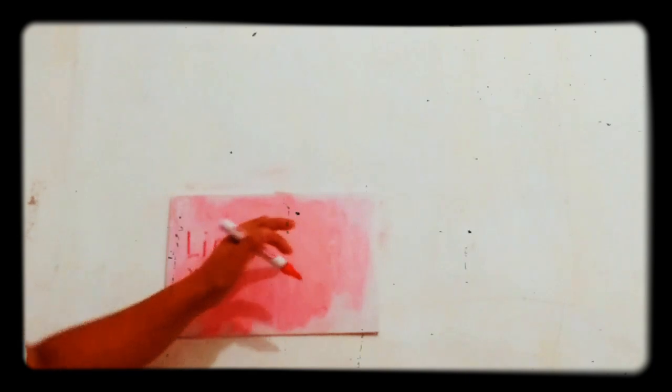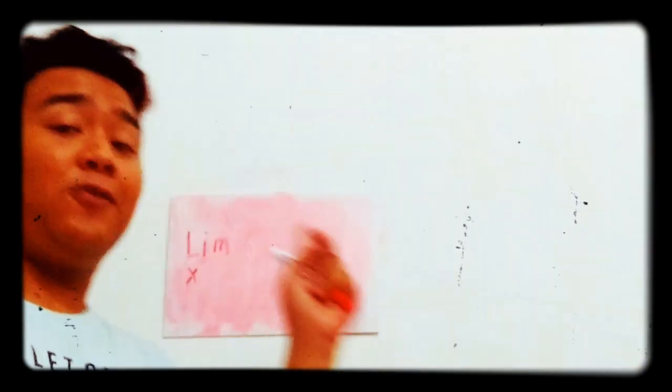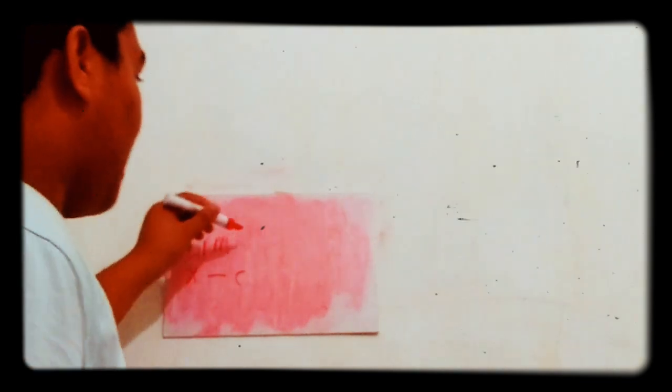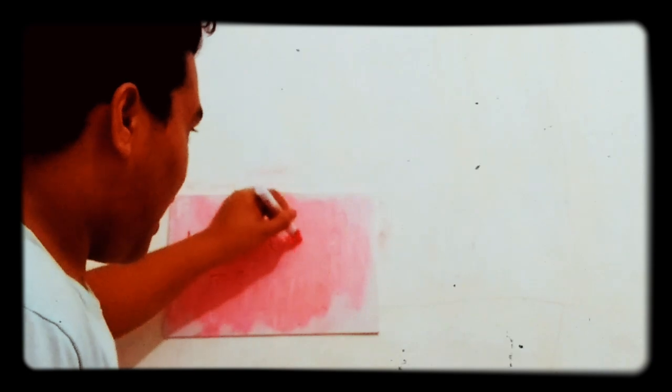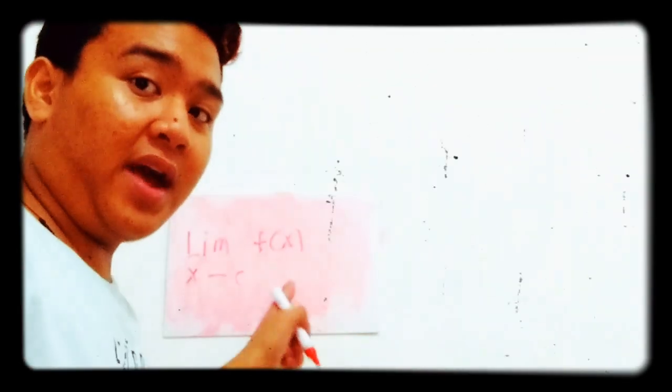Lim stands for limit. x approaches c. So after lim we should put f of x, because if the teacher gives you a problem, you always need to put f of x.